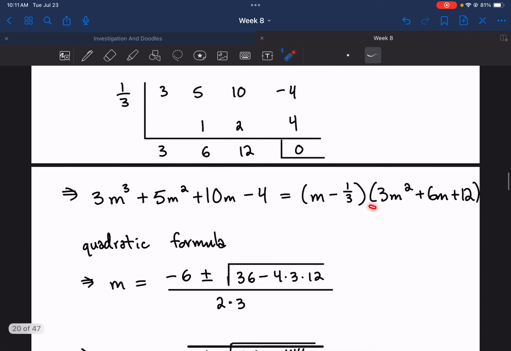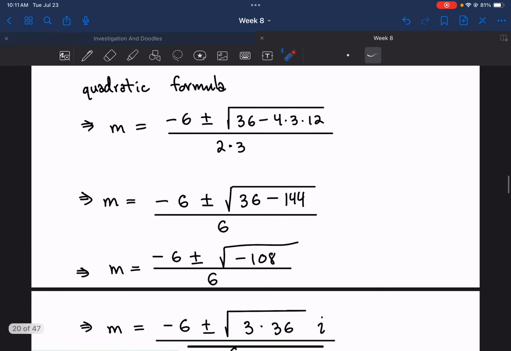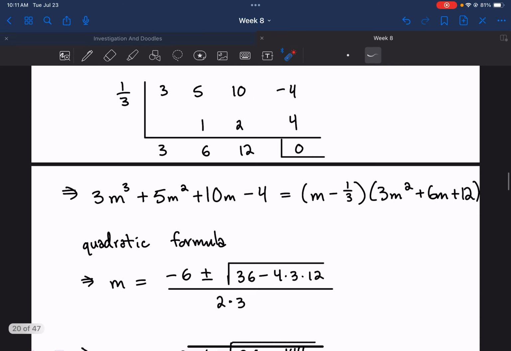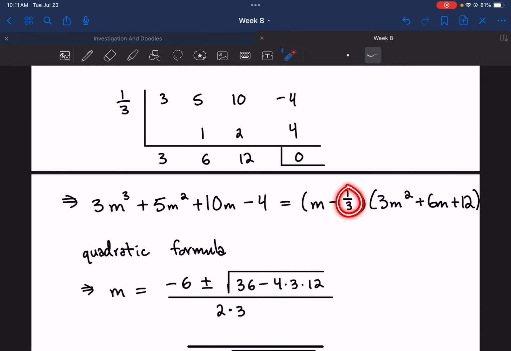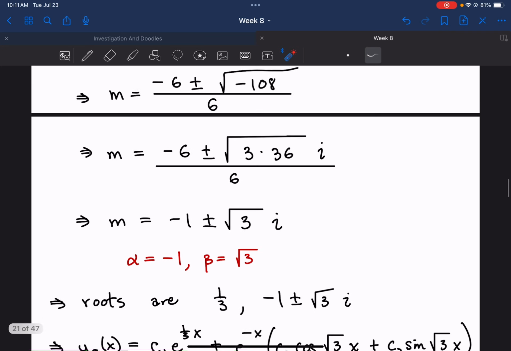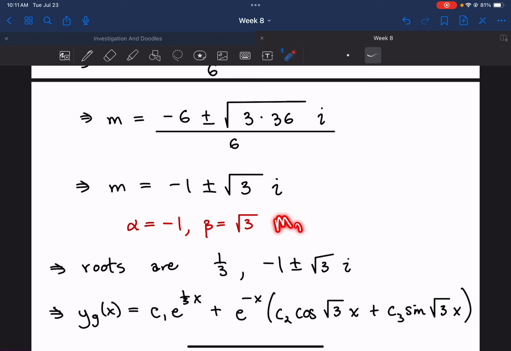Quadratic formula on this gives me m equals negative 1 plus minus root 3i. So now I have a root, 1/3, right? A 1/3 is one of my roots. This is m1, and then m2 and m3 come from this pair.